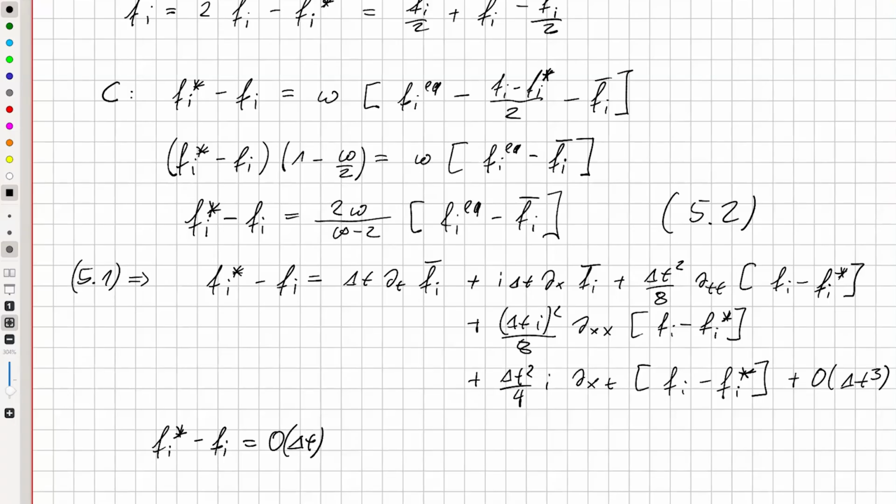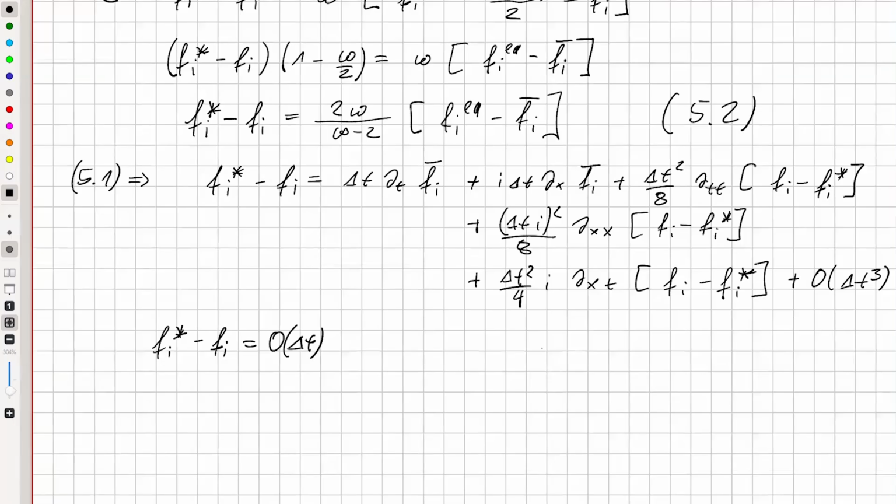Because this guy is reappearing here, and here, and we say this is delta t square, and we only observe until delta t square, this here is of order delta t and has also already delta t square in front of it, so it's actually delta t cube. The same thing here. So these things basically disappear.